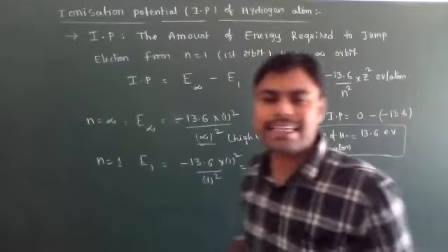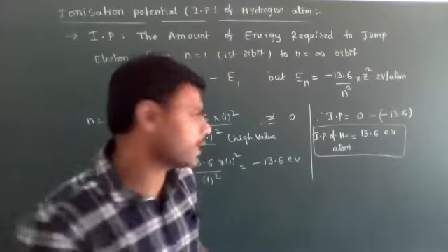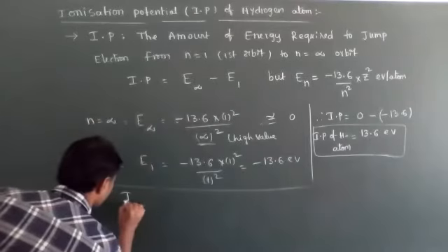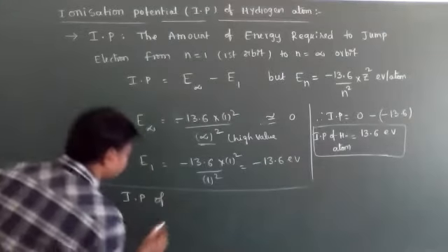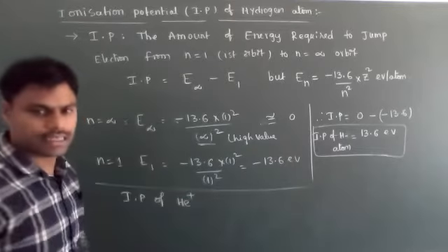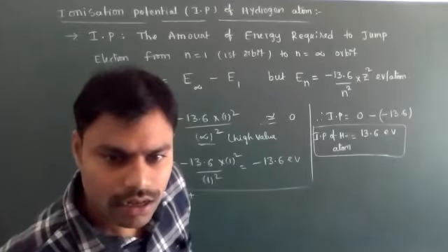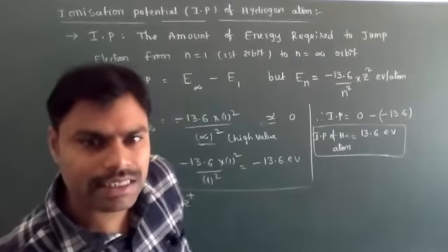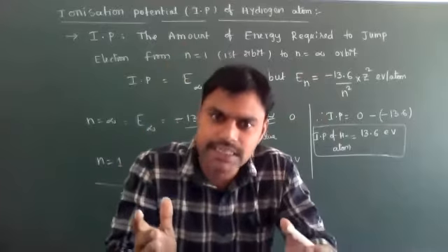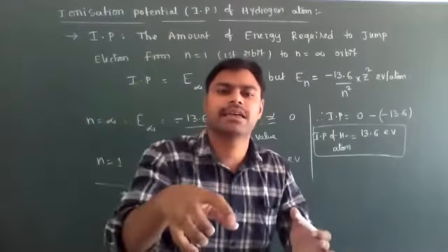Now hydrogen-like species means species containing one electron, that is helium you have to take. In the same way, the ionization potential of He plus. Remember, ionization potential, ionization energy or ionization enthalpy all have the same meaning.